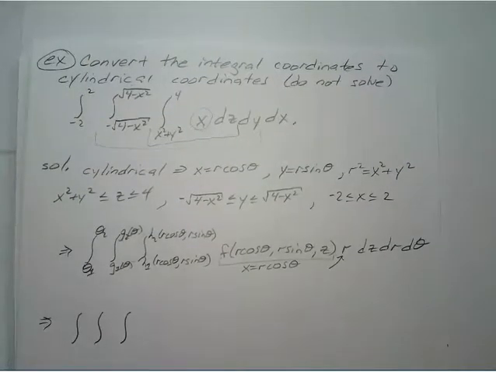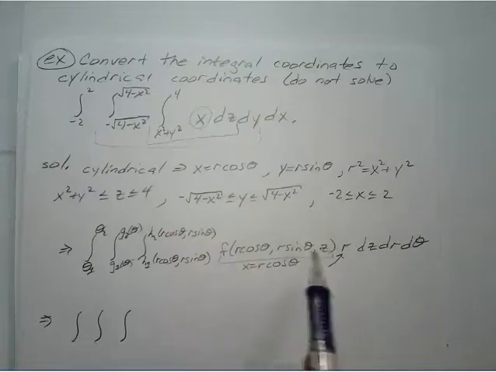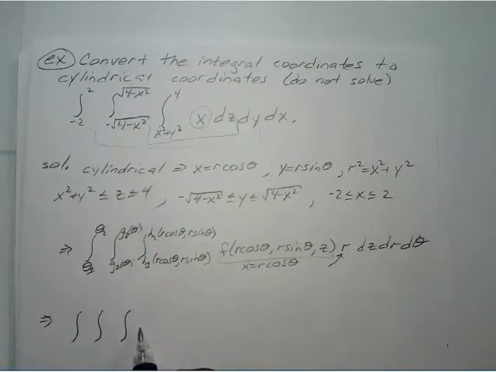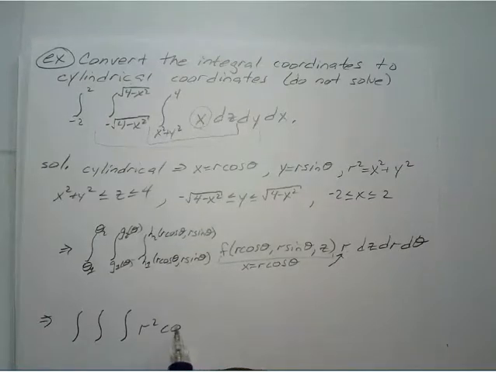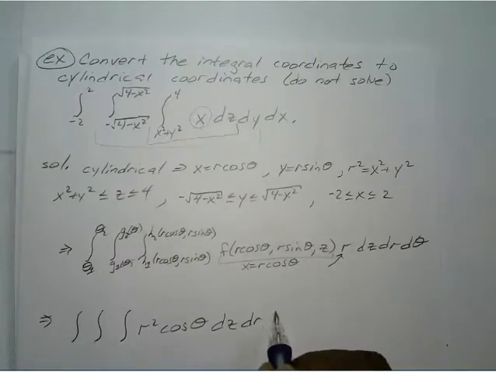So you have r cosine of theta times r, which is r squared cosine of theta, with respect to z, with respect to r, with respect to theta.